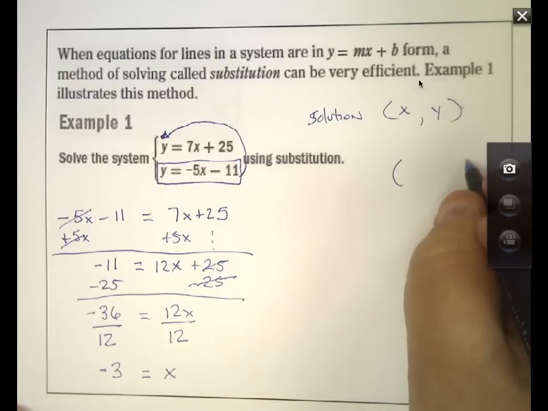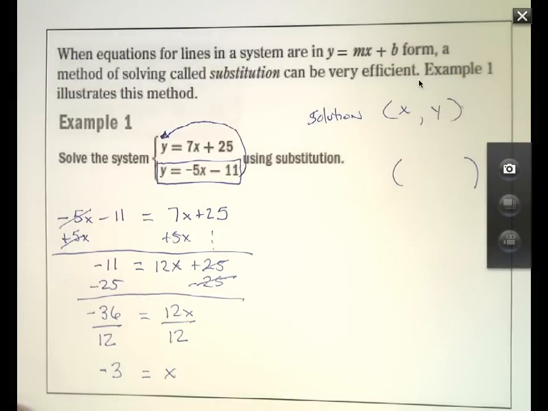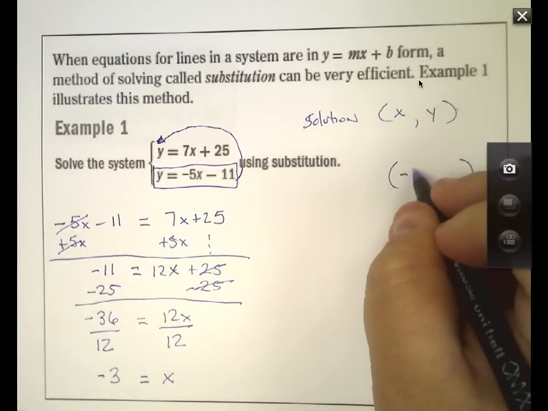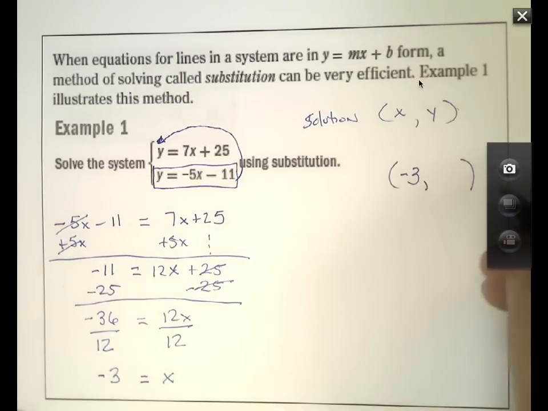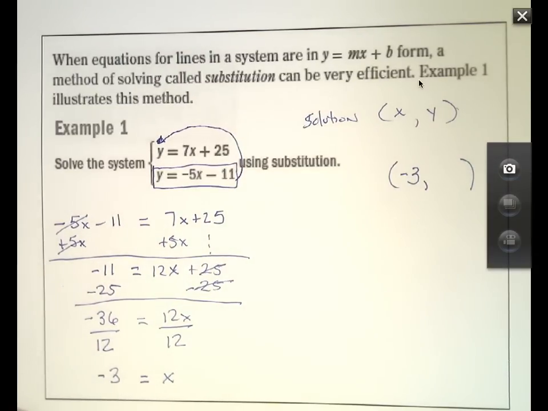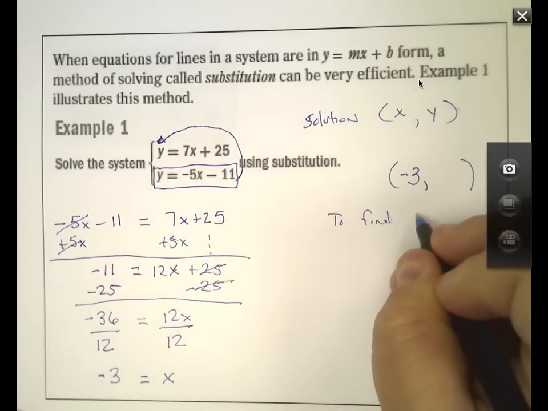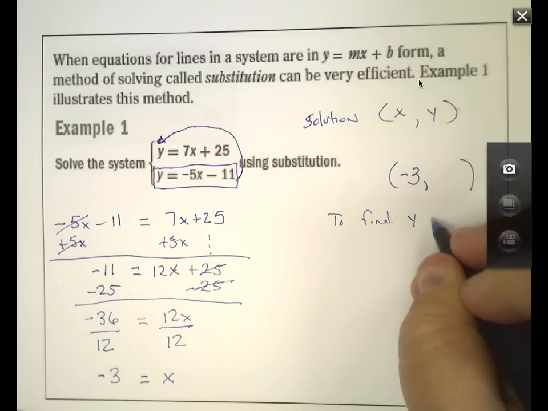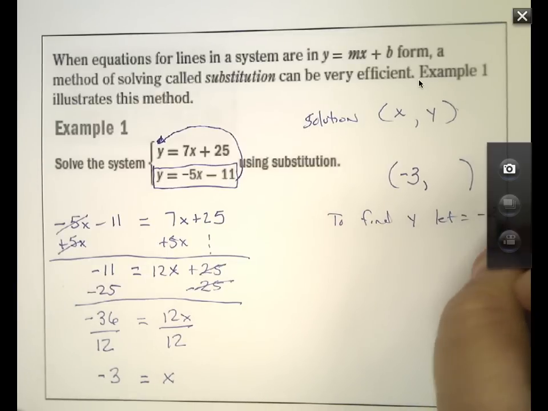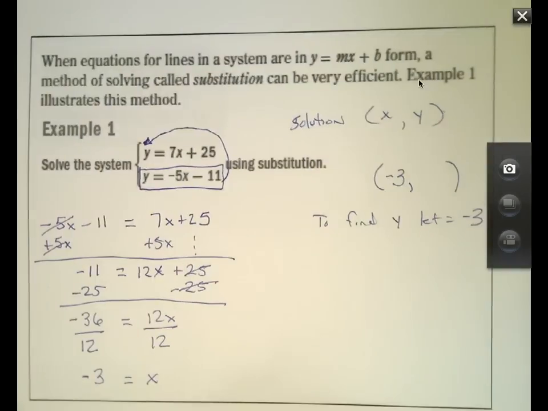So I'm halfway there to my solution. I know x is negative 3. But how do I find y? To find y, I let x now equal negative 3 in one of those equations.